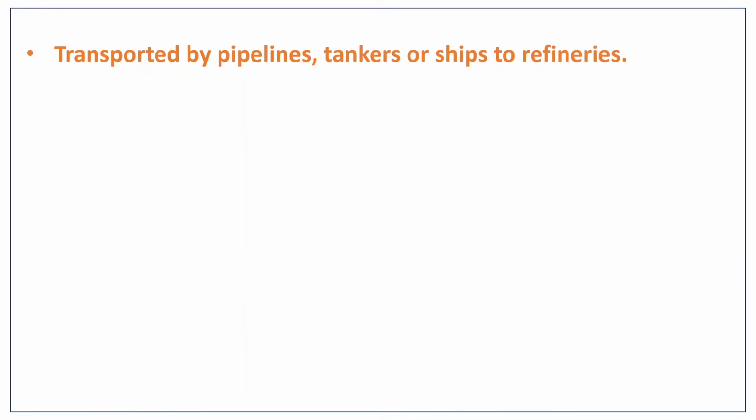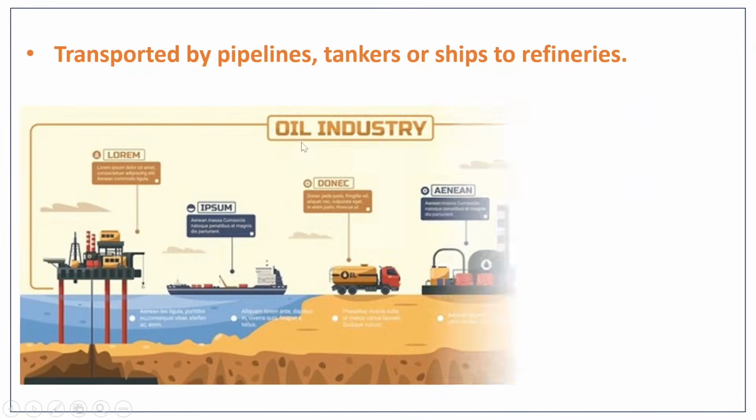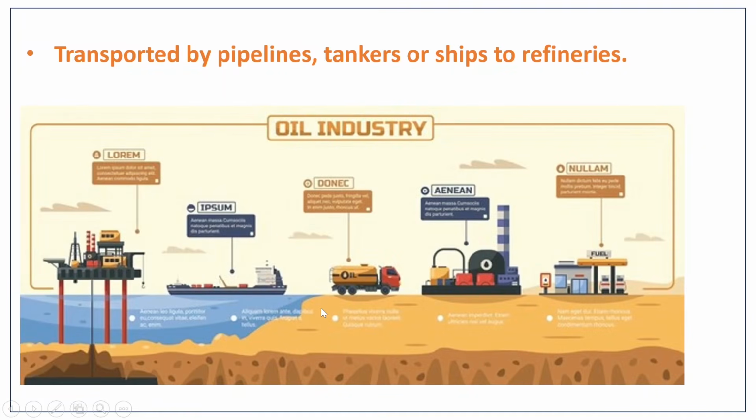Now what happens next? What happens next is that this crude oil is transported by pipelines, so they can either use pipelines, tankers, or ships to refineries. Okay, so in this diagram, we are illustrating the process of crude oil extraction and transportation.